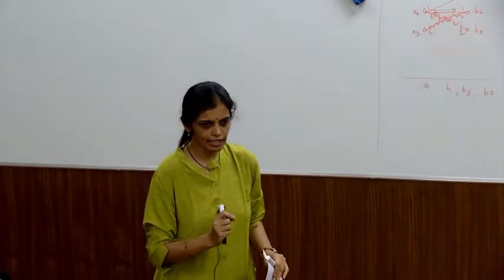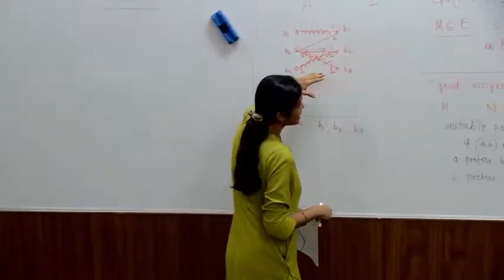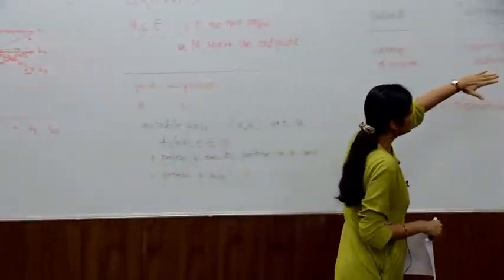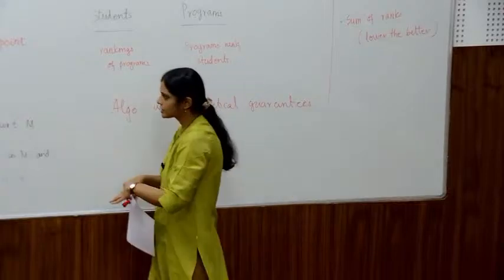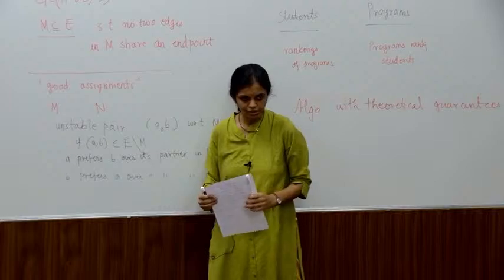So if a vertex is unmatched, it always prefers any edge over being left unassigned. Now, it's clear that maximum size assignments need not have this property of not having unstable pairs. This example already shows that.